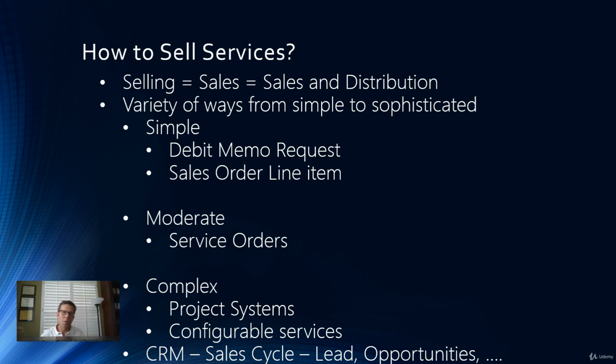Gold, silver, bronze? Is it a monthly contract, an annual contract? How many things should it cover? So configurable in the sense that you're using configurable products, and making a bunch of choices in the sales order.